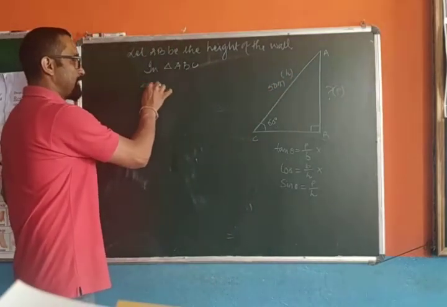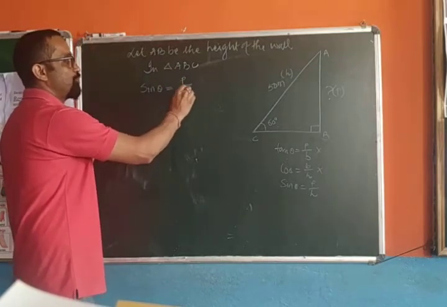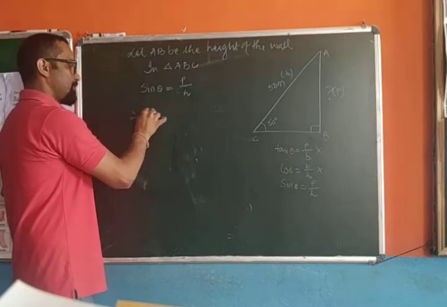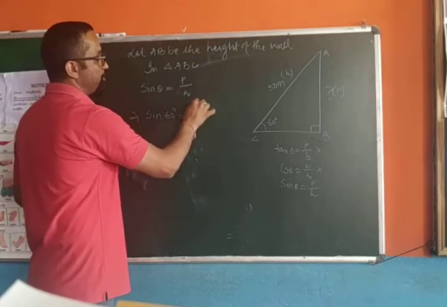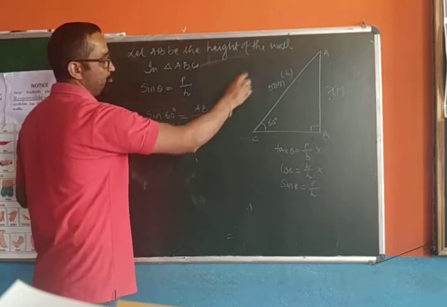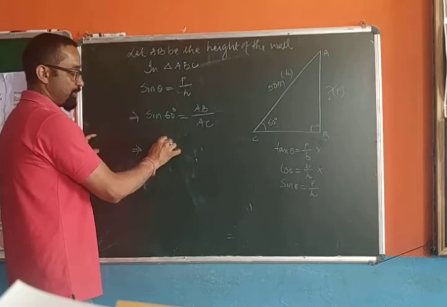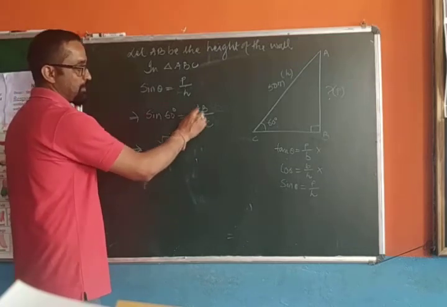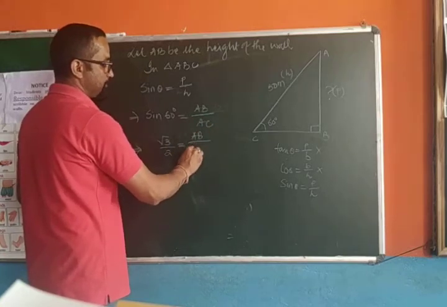So we write sine theta equals perpendicular upon hypotenuse, sine 60 degree. Perpendicular is AB and hypotenuse is AC. Sine 60 is root 3 divided by 2. AB you have to calculate. AC is 50.